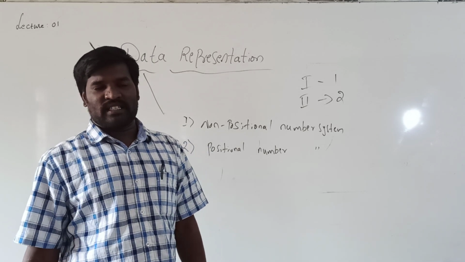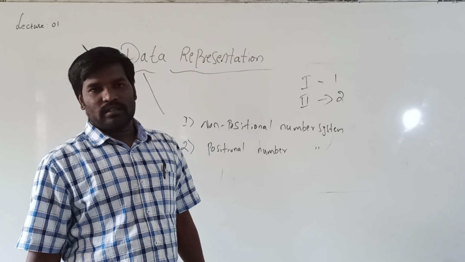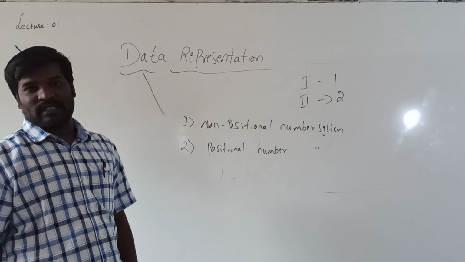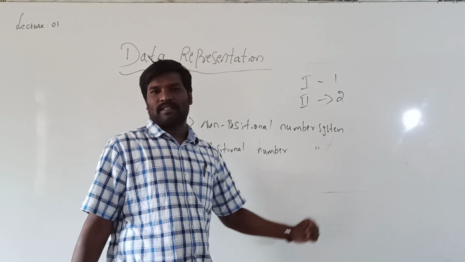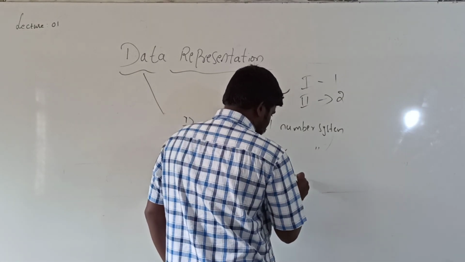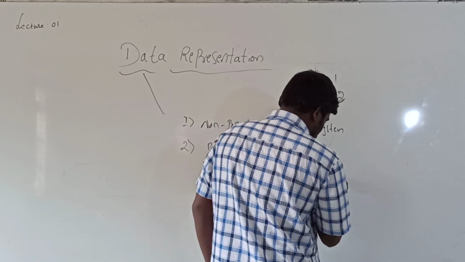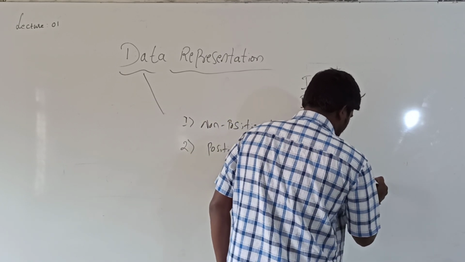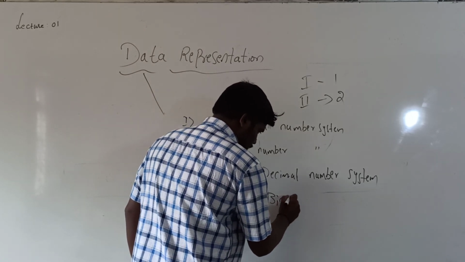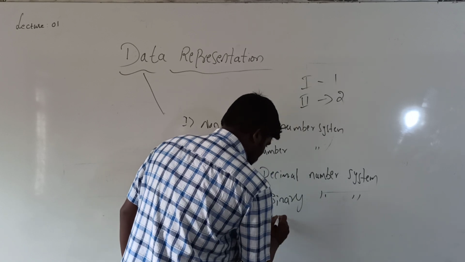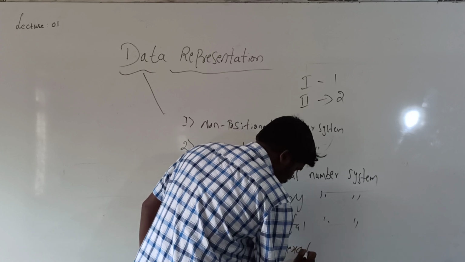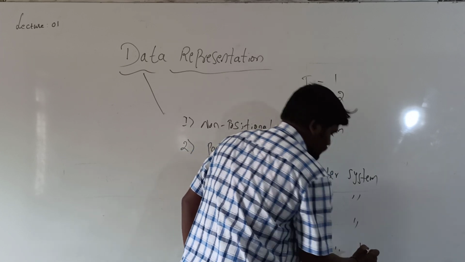But presently we are using a variety of number systems that come under the positional number system. This positional number system can be classified into four categories. The first one is the decimal number system, the second one is the binary number system, the third one is the octal number system, and the last one is the hexadecimal number system.